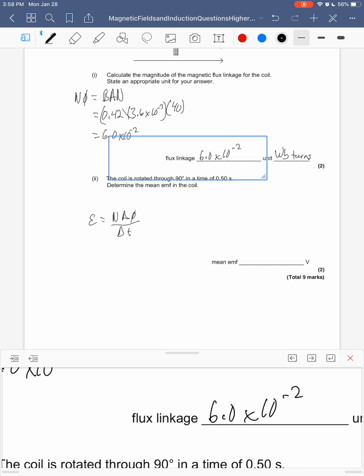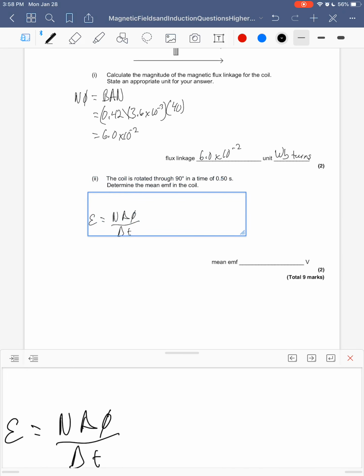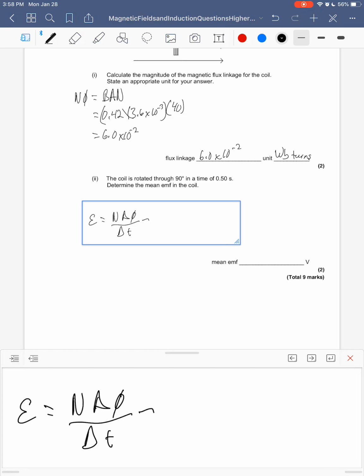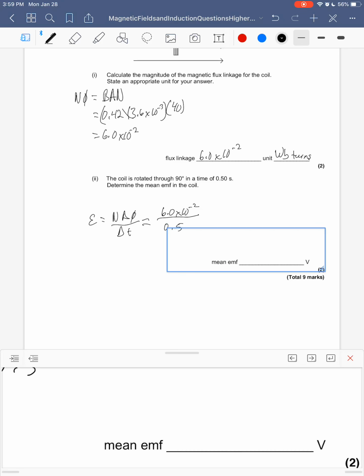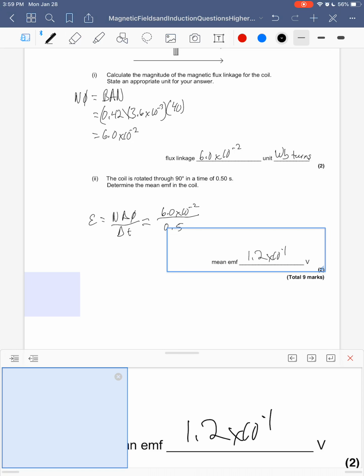Because we are going from 0 flux linkage to this value, or from this value to 0 in our amount of time. So 6.0 times 10 to the minus 2 divided by 0.5, which equals 1.2 times 10 to the minus 1 volts.